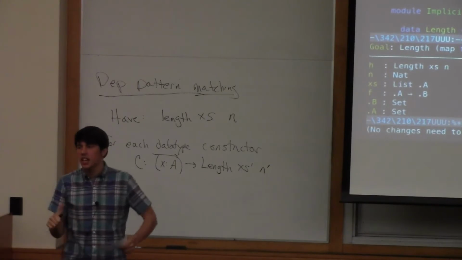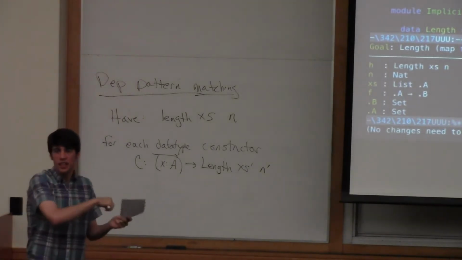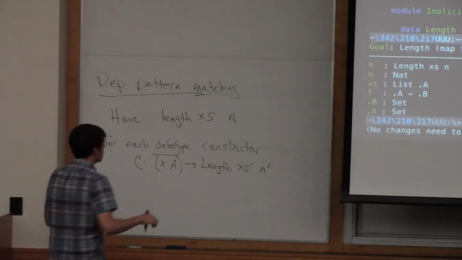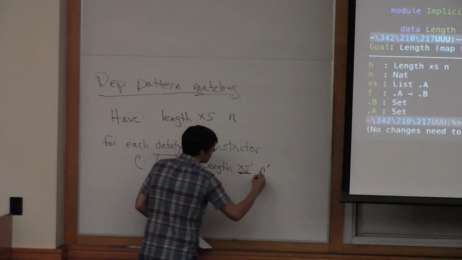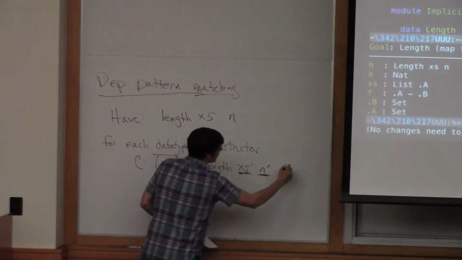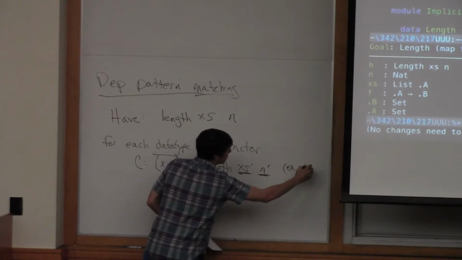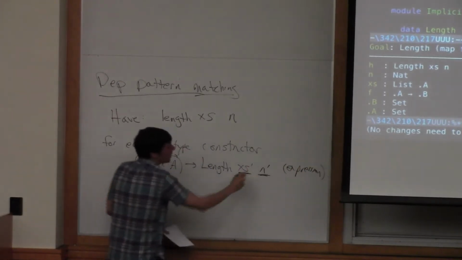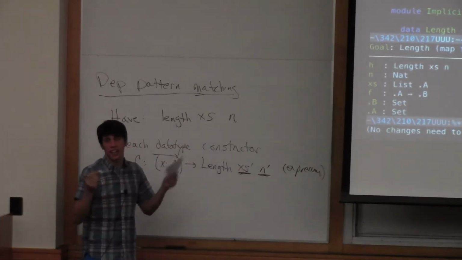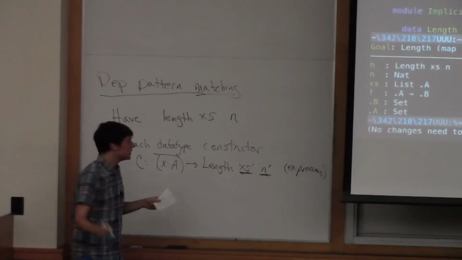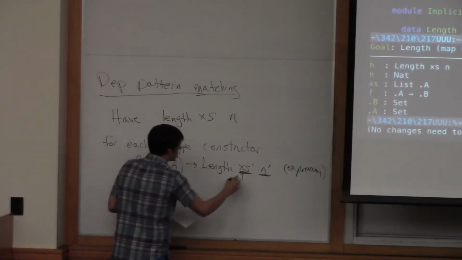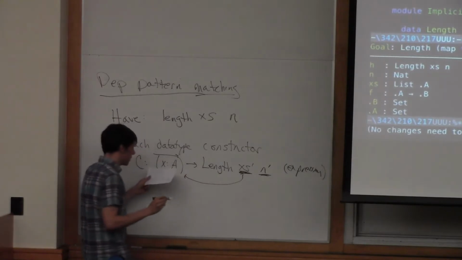Right? So each data type constructor for length has the form, given some arguments, I'm going to include length x's prime and n prime, where these are expressions. So I don't mean x's prime is a variable and n prime is a variable. That can be any Agda expression. And then these expressions can, of course, involve these variables.